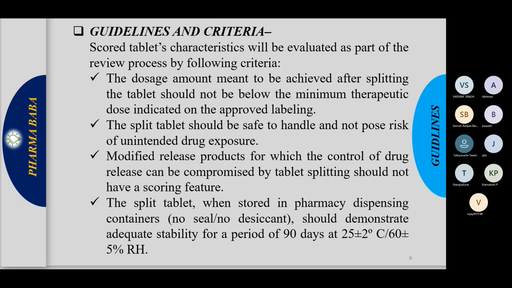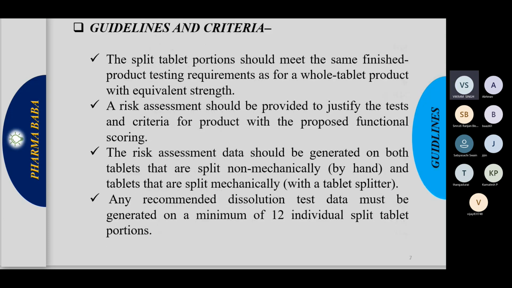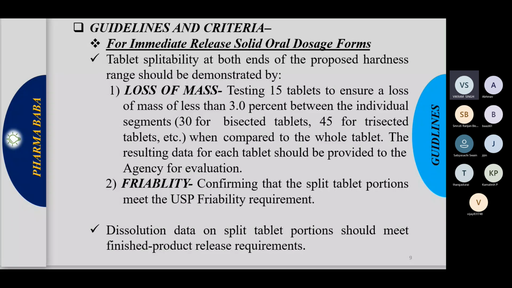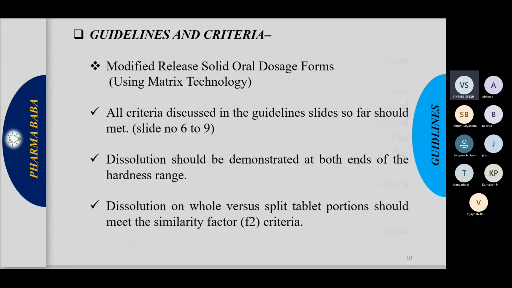Unintended exposure should not be there. Whatever we discussed here, we have to perform on both the manual and mechanical splitter, right? Then you have to perform uniformity, loss of mass, friability, and dissolution should be met as per specification. These criteria should all be met.